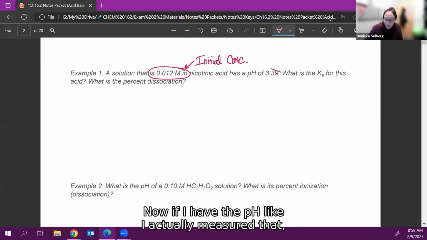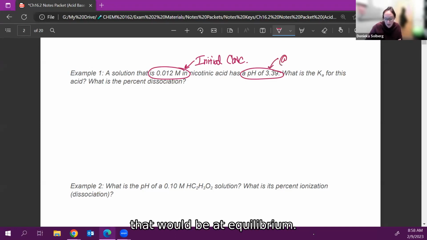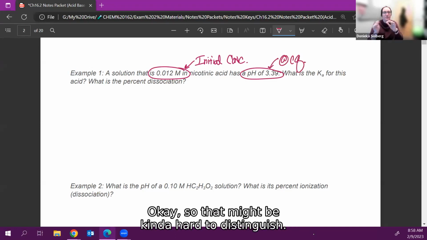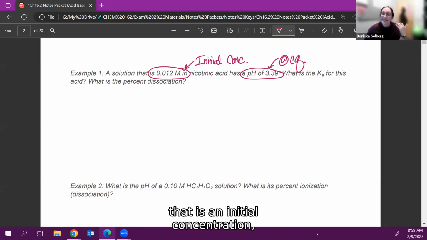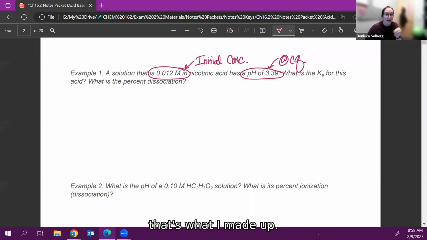Now, if I have the pH, like I actually measured that, that would be at equilibrium. Okay, so that might be kind of hard to distinguish, but essentially if I give you the concentration, that is an initial concentration. That's what I made up. And then if I measure the pH, that would be at equilibrium, because once it's reached equilibrium, that's when I measure the pH. Okay, so kind of try to keep those straight.